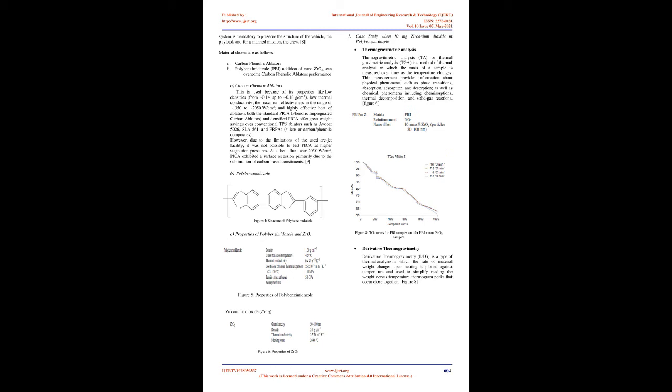This is also in effect during the return, when the heat fluxes can be very high in the atmosphere, and thus an adequate thermal protection system is mandatory to preserve the structure of the vehicle, the payload, and, for a manned mission, the crew. The materials chosen are as follows. I. Carbon phenolic ablators.